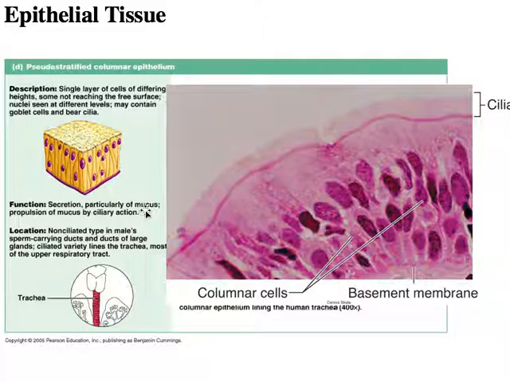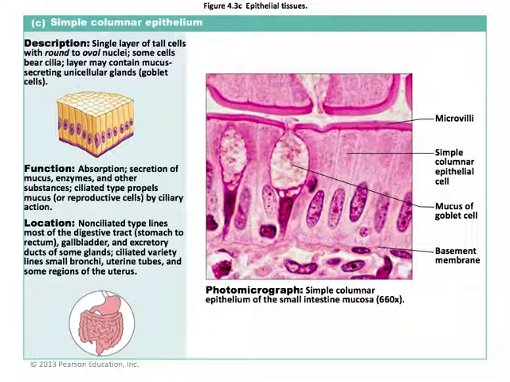You can see the function is secretion, mucus secretion. In this case, you can actually see cilia here. This is found in the trachea, which is your air passageway. Cilia are responsible for helping with moving things along in your body. So at the apical surface here, you have cilia. And by the way, if you go back to simple columnar epithelium, do you remember the microvilli?